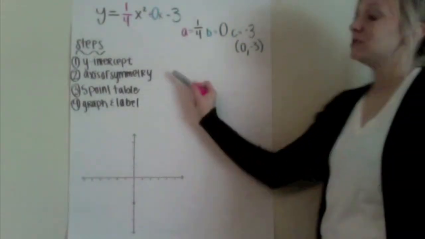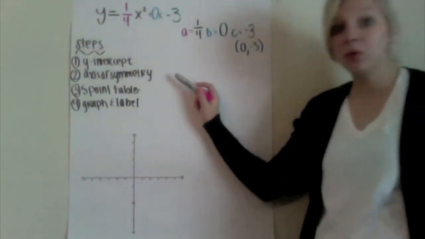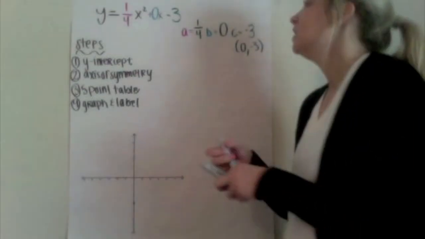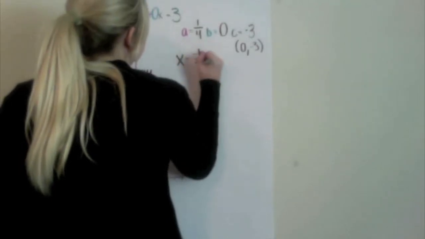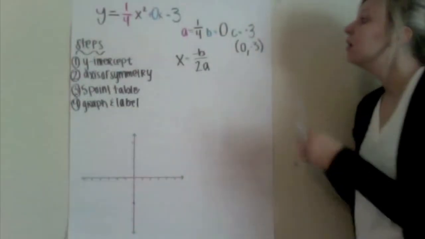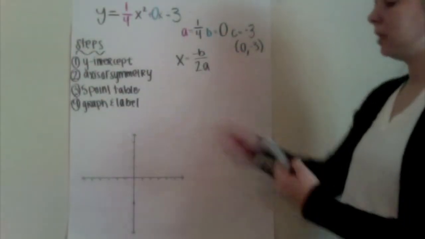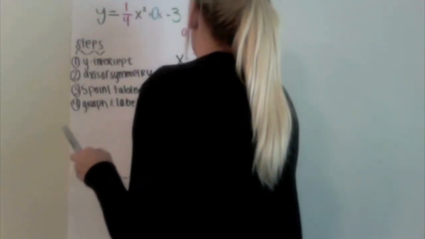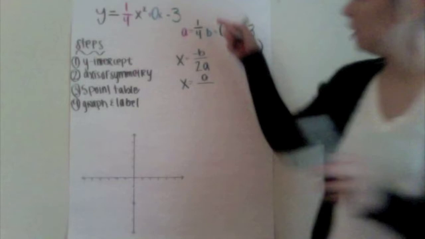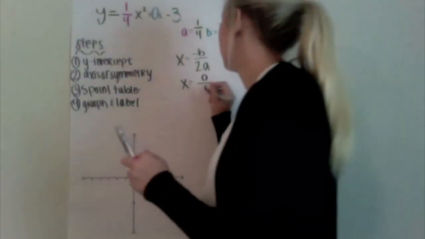Now our next step is to find the axis of symmetry. And we remember that the axis of symmetry is found by the equation x equals -b over 2a. So we have our b and we have our a. Now what we're going to notice is when we plug this in, we're going to get x equals 0 over 2 times 1/4, which is 1/2.